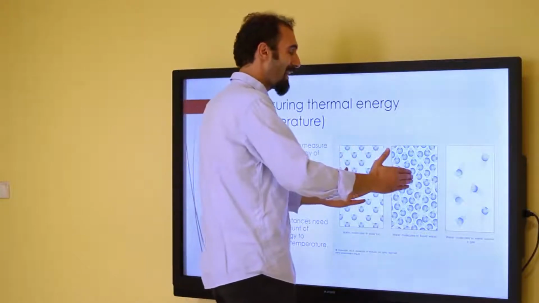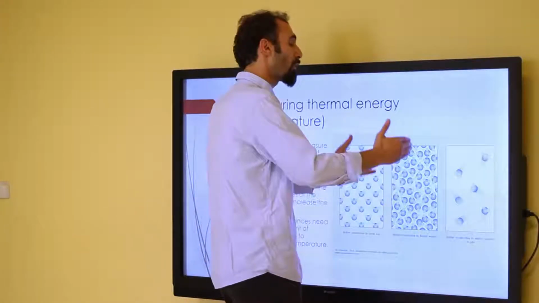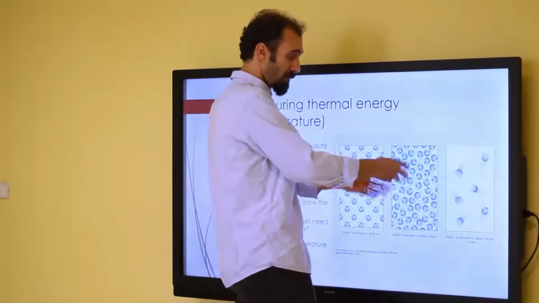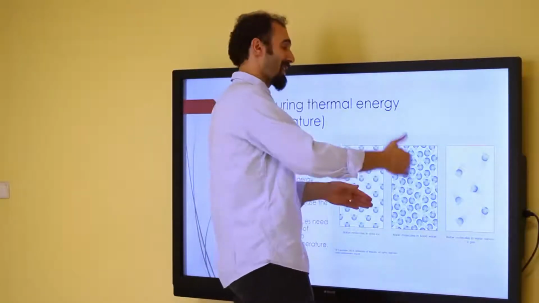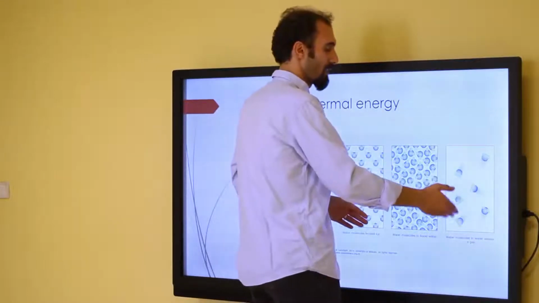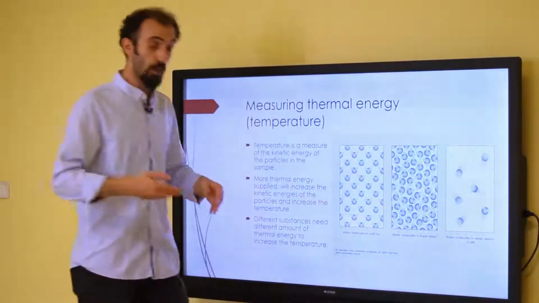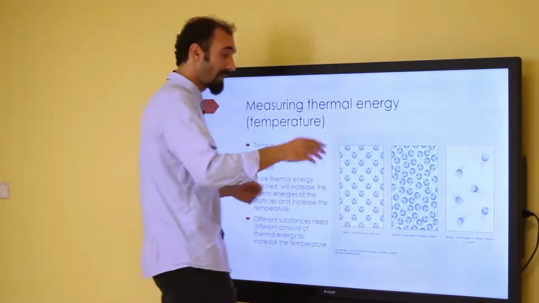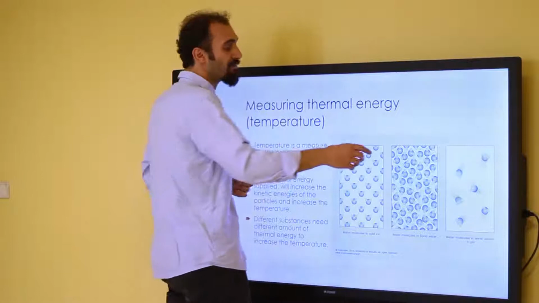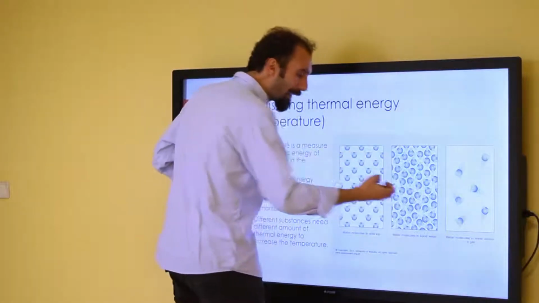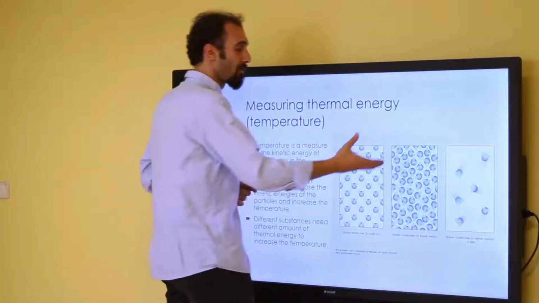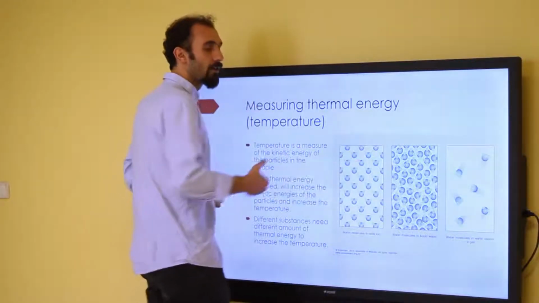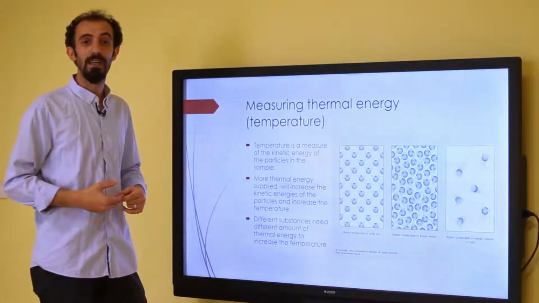Now, if I supply a lot of energy, more thermal energy to this sample of liquid water, these particles are going to start to move faster away from each other and the distances will start to increase, turning the liquid water into gas. Conversely, if I take away thermal energy from the liquid state, it will turn into ice, or it will turn into a solid.